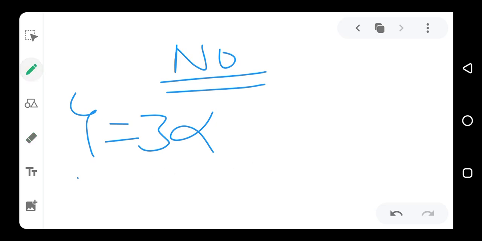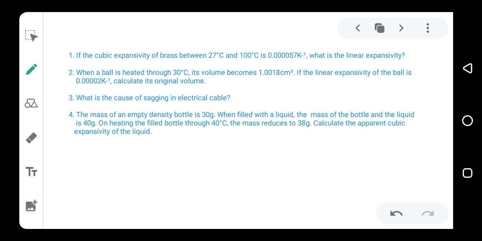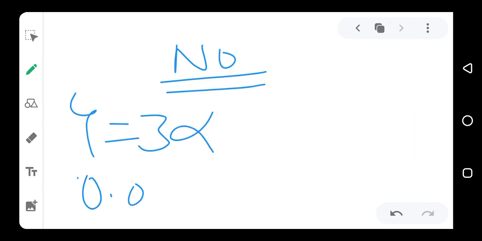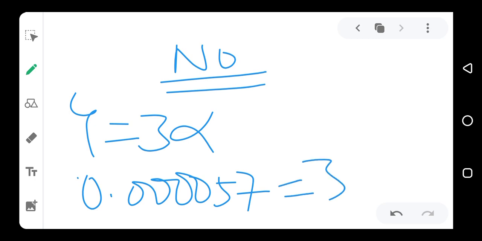So this becomes, we have gamma, which is cubic expansivity, as 0.0000057. That is 5.7 times 10 raised to the power minus 5. Now this is equal to 3 times linear expansivity.